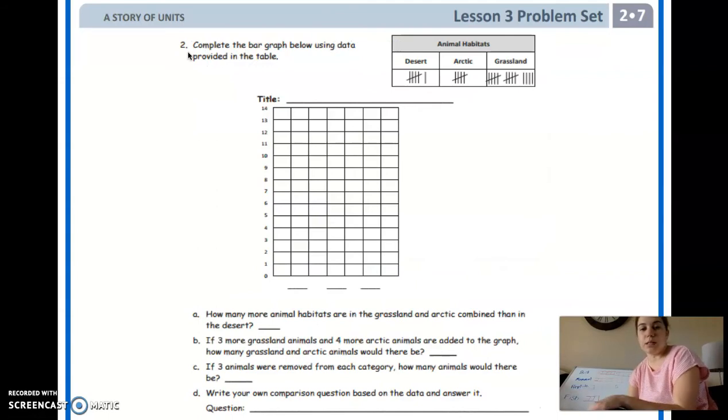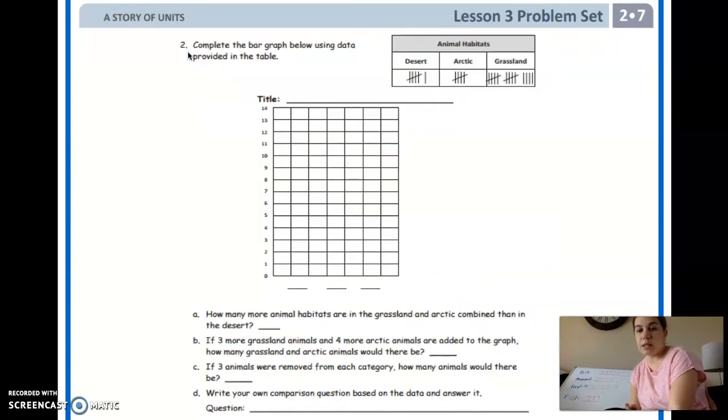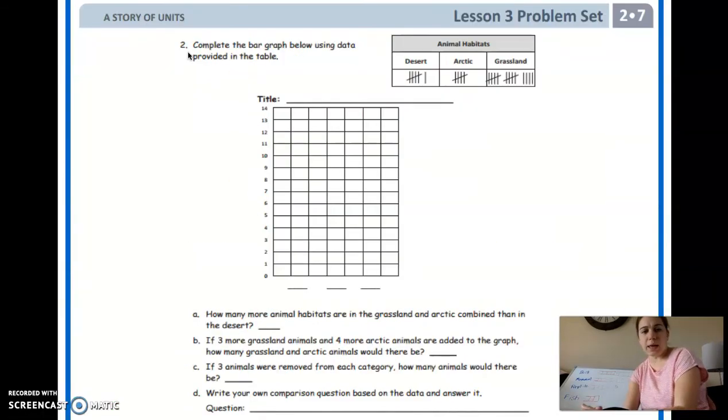Number 2 is the same kind of format. You're going to use your data from the tally chart, and then in a table, you're going to create your own bar graph, but this one goes up and down, whereas that one went to the side. Then you're going to answer the questions that go along with it. A, how many more animal habitats are in the grassland and Arctic combined than in the desert?